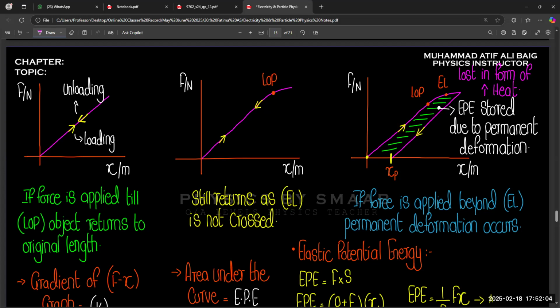Lost in the form of heat. So basically this region shows the amount of energy that is actually lost, and this is not a useful amount of energy. So this is another idea related to the concept of energy.